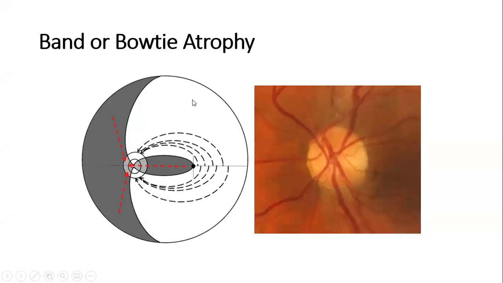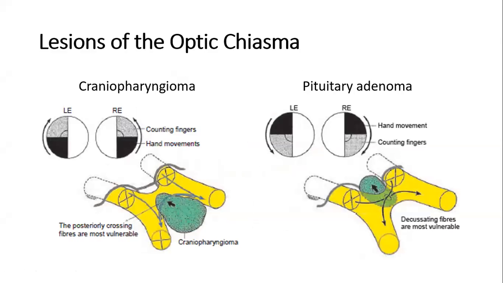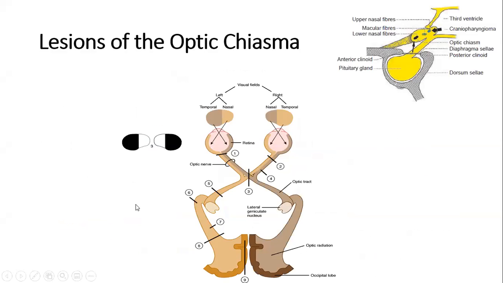Okay. So in bow tie optic atrophy, what happened? What we saw is that in the chiasma, the nasal fibers are going to cross to the opposite side. So nasal fibers of left eye and nasal fibers of right eye are going to cross. And the macular fibers are also crossing, right?